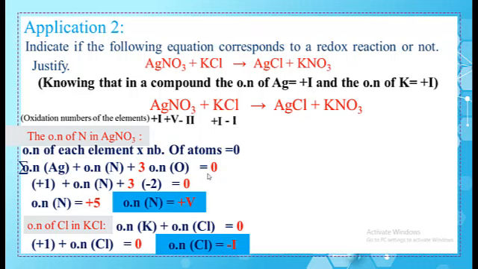In a compound, we know that the oxidation number of Ag is equal to plus 1, but we don't know the oxidation number of chlorine in a compound. Now someone might tell me, but we calculated, teacher, here that the oxidation number of chlorine is minus 1. Any oxidation number of any element that you didn't take as a study, this means that its oxidation number varies.